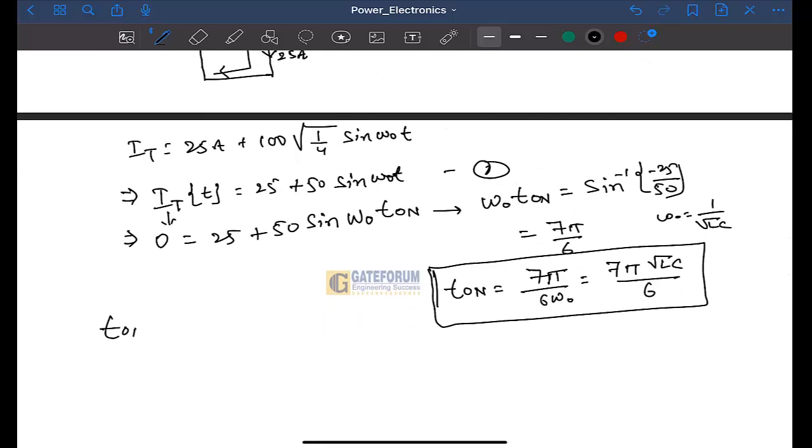So T on in microsecond, 7 pi into 4 microsecond divided by 6, it will be 7.33 microsecond.